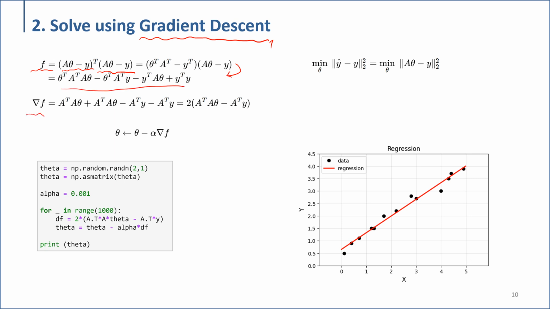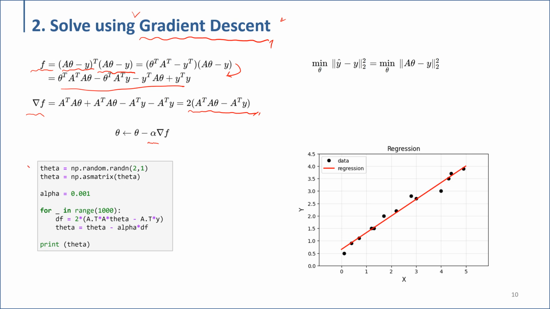The gradient is 2 times A transpose A theta minus A transpose y. By using gradient descent optimization, what we need to do is update this theta value with a proper learning rate alpha and a few iterations.